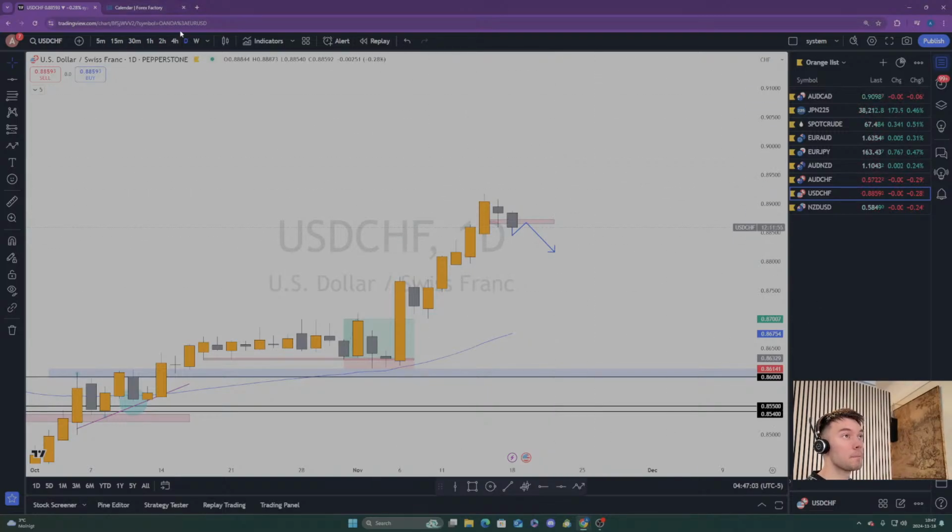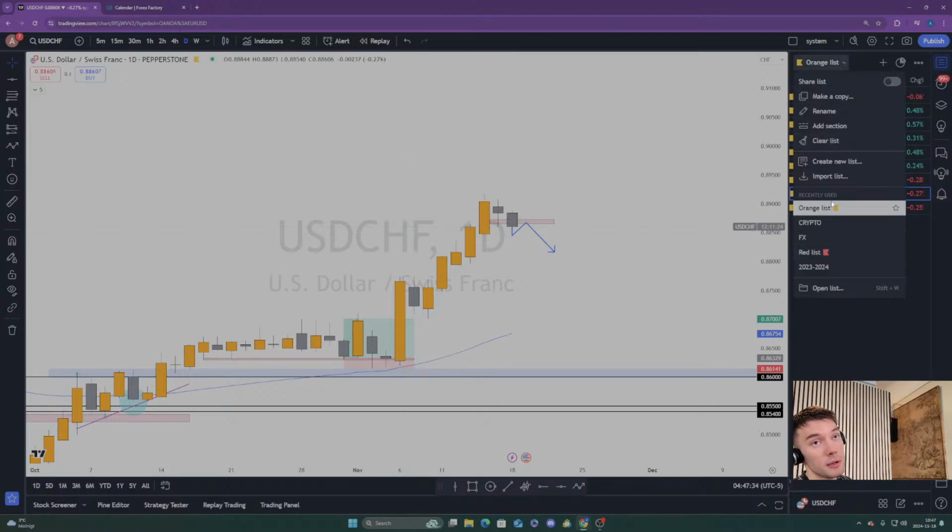As well as a structure break. We're shifting the structure currently on USD CHF. I kind of don't like it because the dollar has been very bullish.